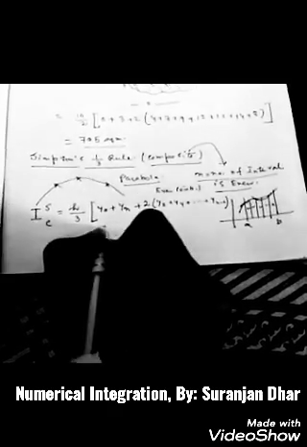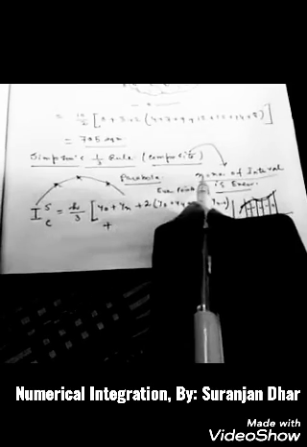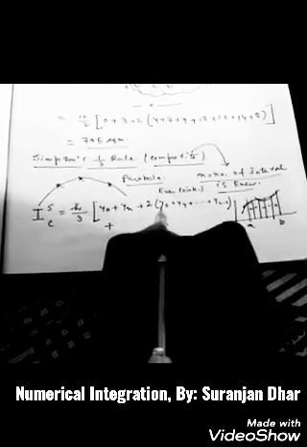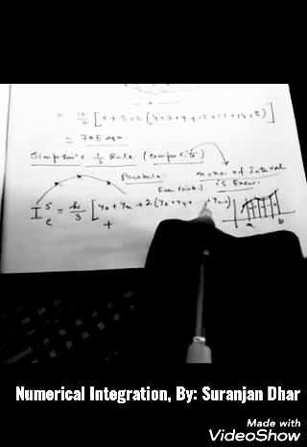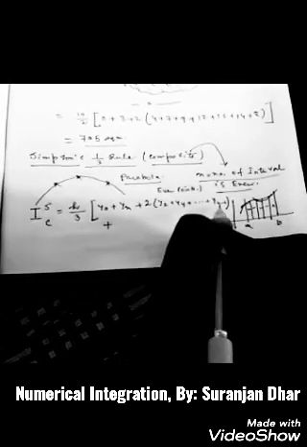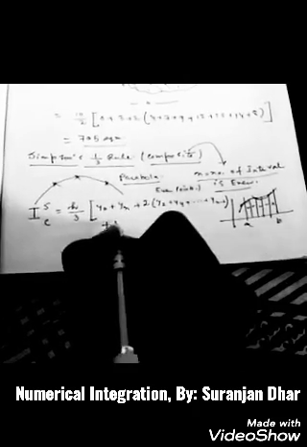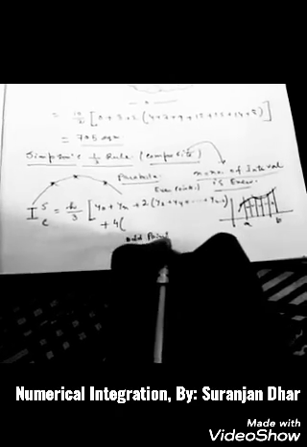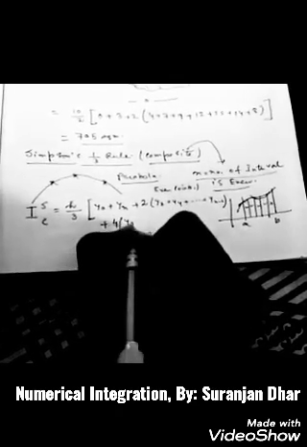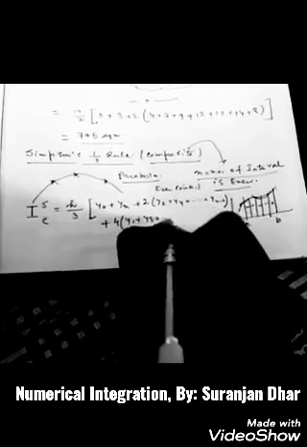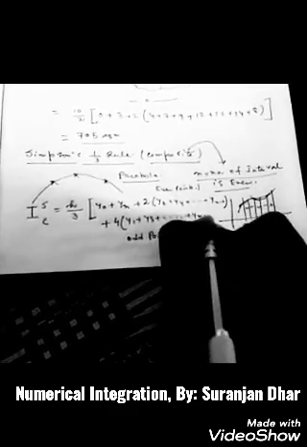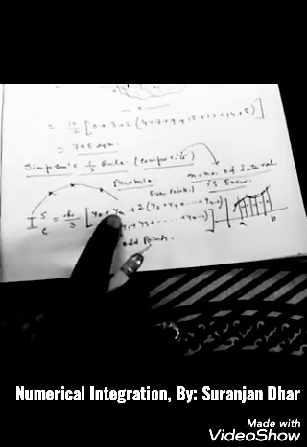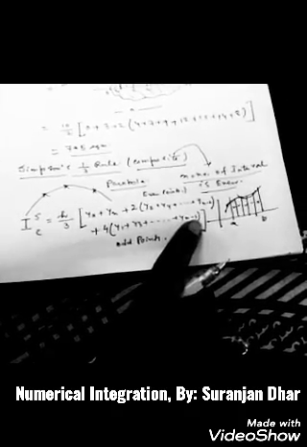Why n minus 2? If the interval is 10, the last point is y10, so we go 2, 4, 6, 8. And 4 into the odd points: y1, y3 up to yn minus 1. If the total number of intervals is 10, we end at y9.